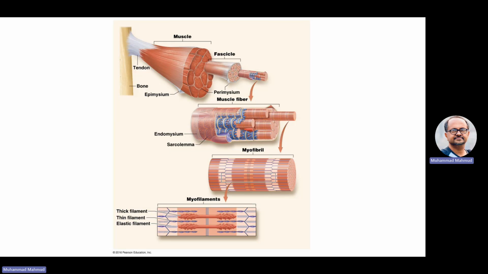Each single muscle fiber is covered by endomysium. And inside that, we have myofibrils, with thick, thin, and elastic filaments. And at the end, you see how those actin and myosin are arranged here.